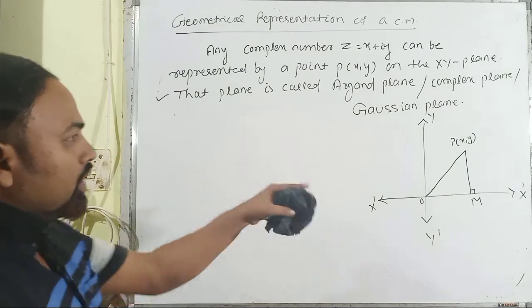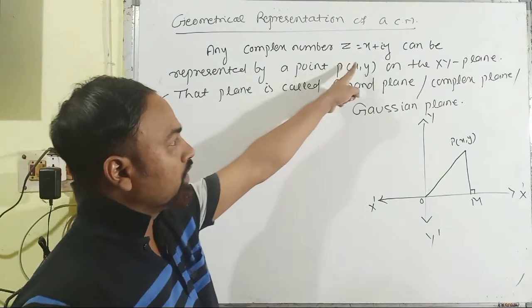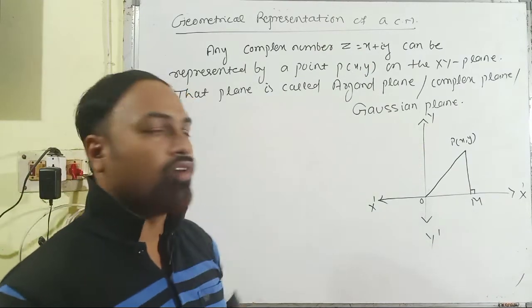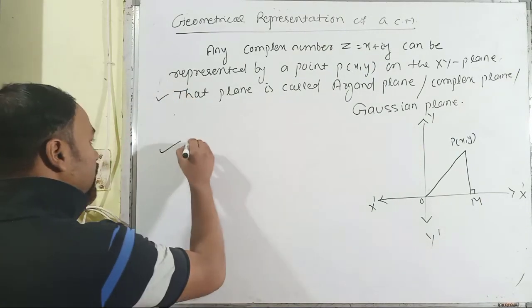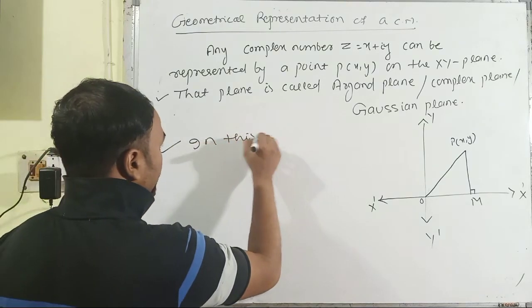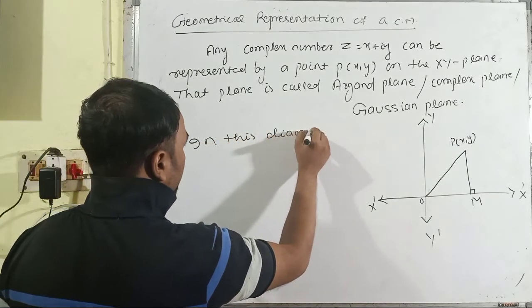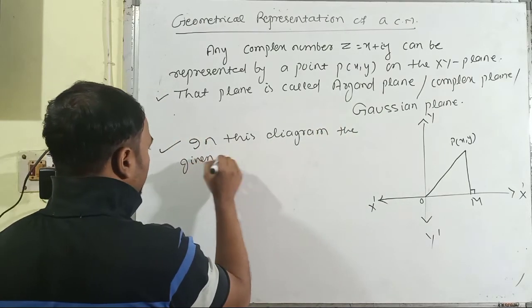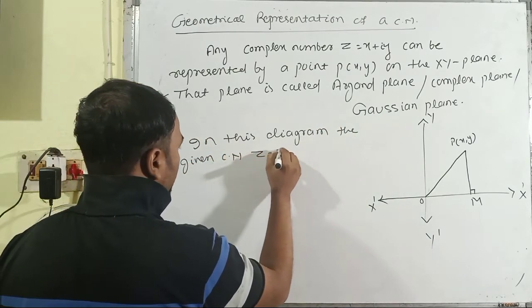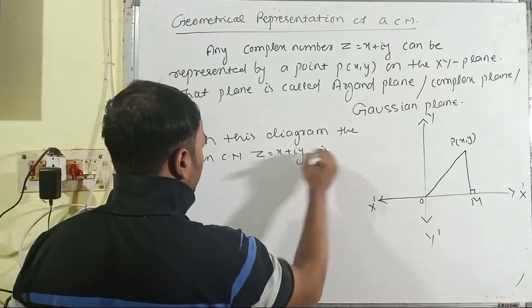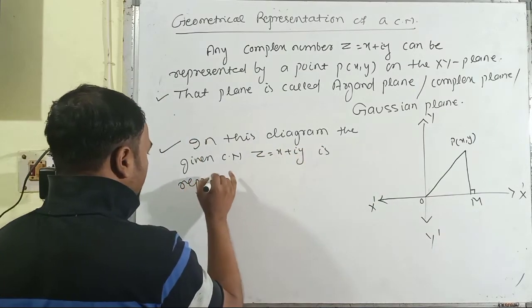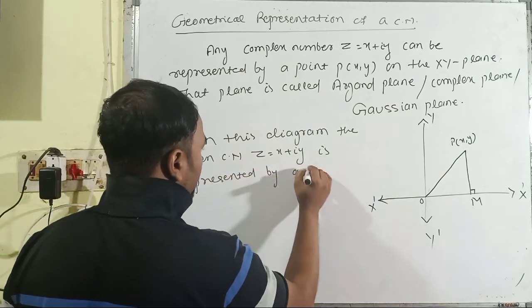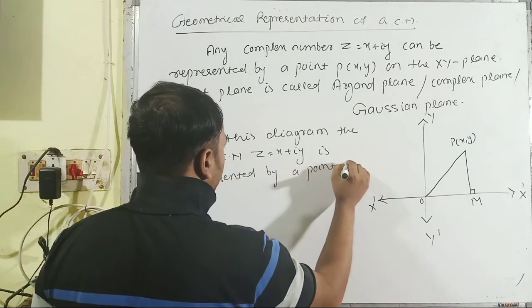So in this diagram, the given complex number z is equal to x plus iy is represented as a point P(x, y).